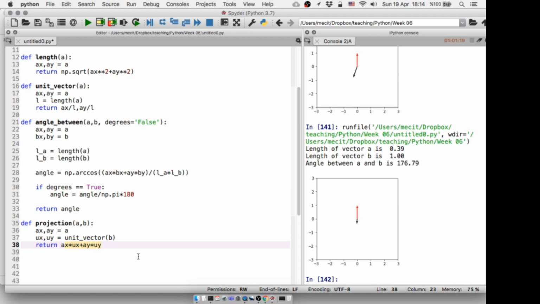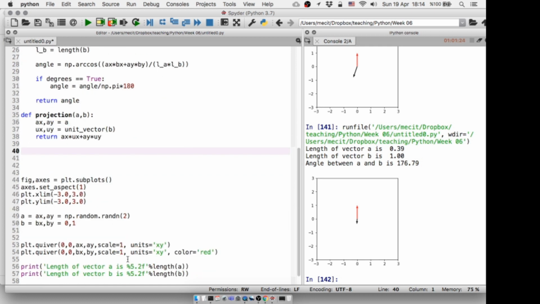So how can we see how this works? Let me change this program a little bit so we can demonstrate the use of the projection function. This is my A vector, a random vector. And then my B vector, let's make it a unit vector along the x-axis.